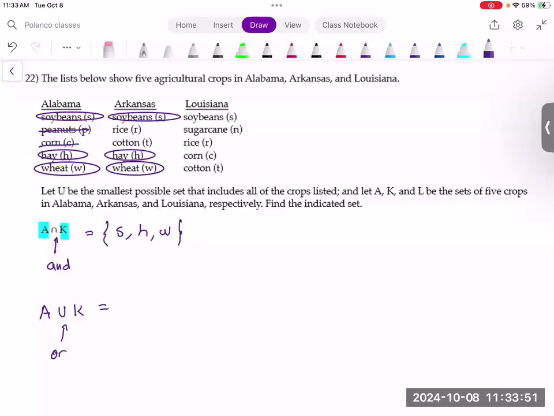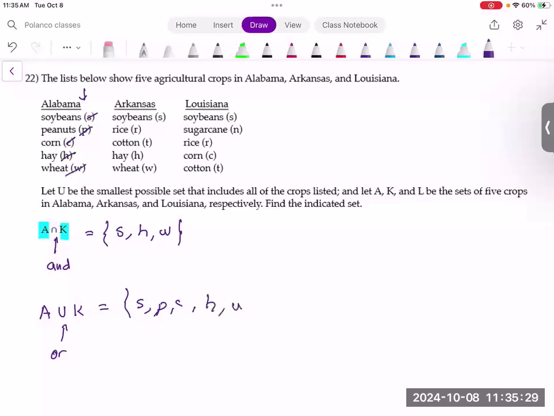So now, I open a set. Let me erase this. So what I'm going to do, I'm going to take everything in Alabama. So I'll take all of them. So the S, the P, the C, the corn, the hay, the wheat, and then you go back again and you take everything else.